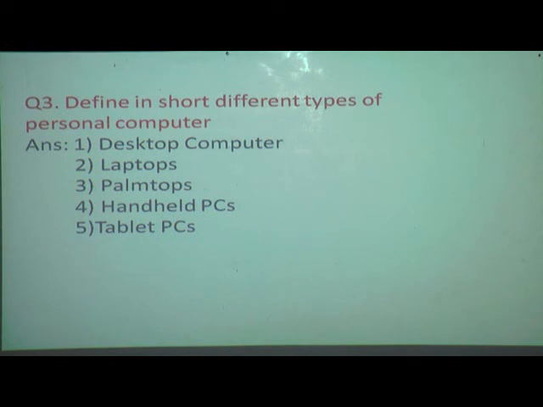They are portable and also called netop or ultra portable computers. Next one is a tablet PC. Tablet PCs are equipped with a touch screen as their primary input data.